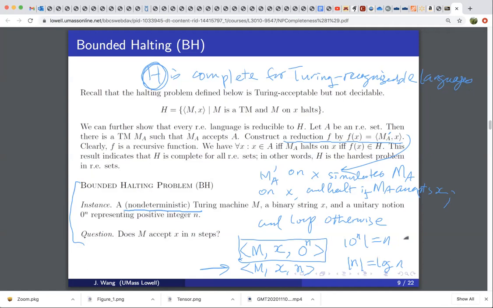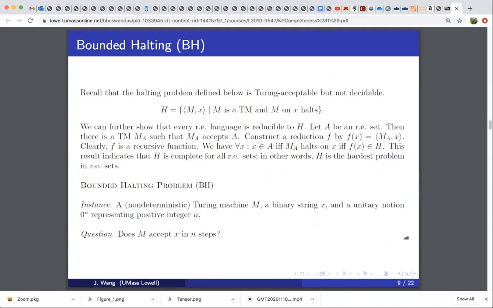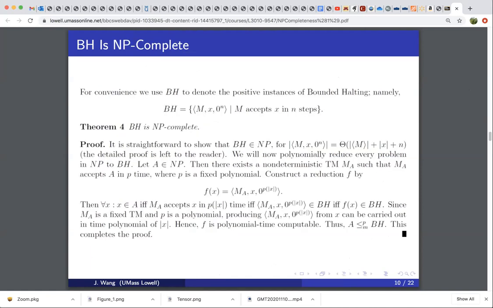So in other words, we define a class and we denote it by BH. So BH is a set of positive instances, M, X, 0 to the n, where M accepts X in n steps. So then BH is NP-complete.